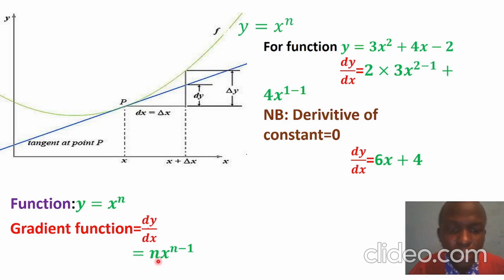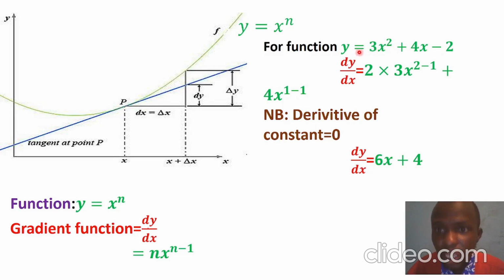So n multiplies x to the power n minus 1. Now let us look at our function. This is the same function that I used when I was defining what a function is, and I was using it as an example. Now, how can we get the gradient function of this particular function? Or rather, how can we differentiate this function here?